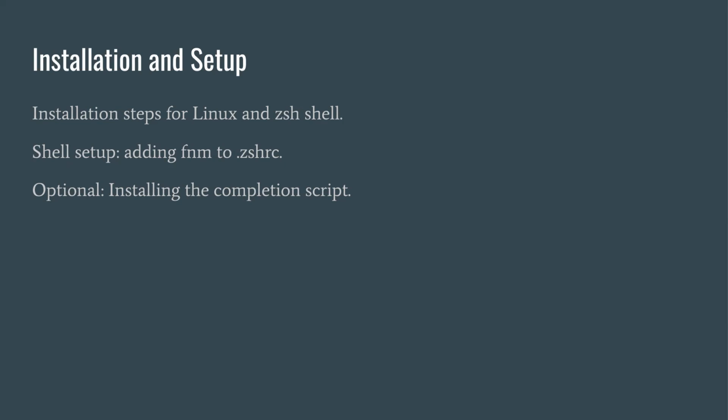After you're done with installation, it's important to add FNM to your ZSHRC file or the bash file for proper functioning. You can look more into detail in the FNM documentation. Additionally, you also have an option to install a completion script for enhanced command line experience.